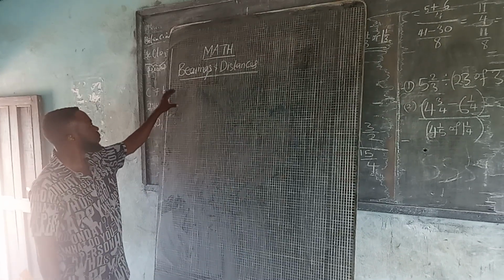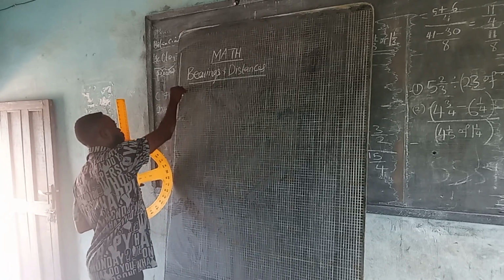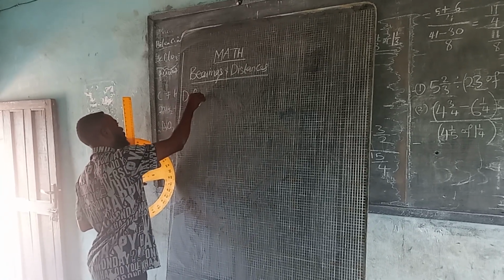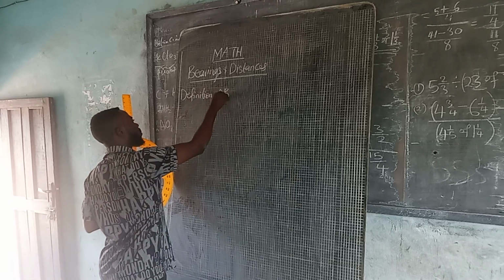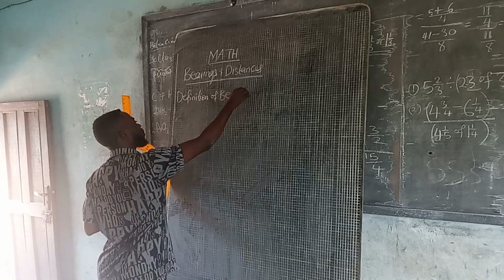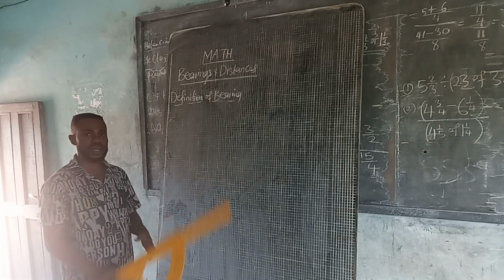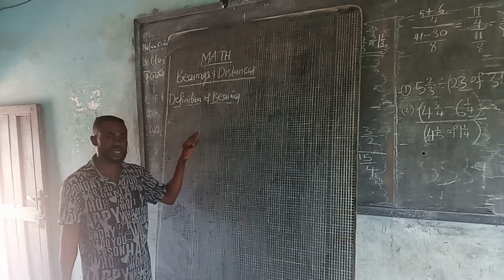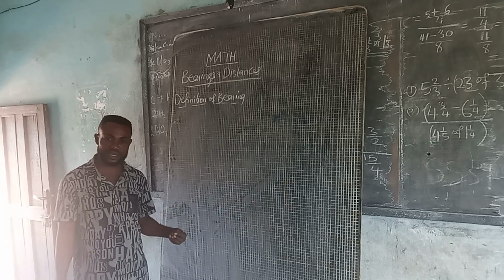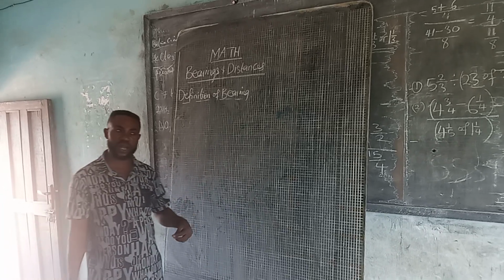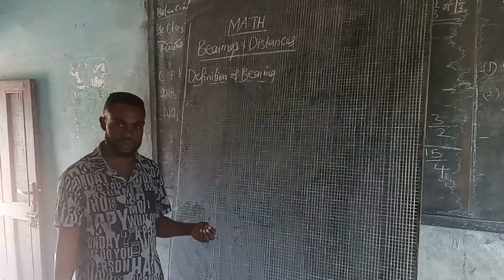Now, what is bearing? Definition. Bearing is a measure of angular movement, that is angular rotation, the amount of rotation.